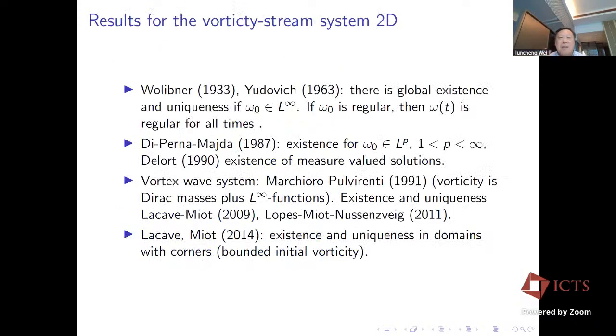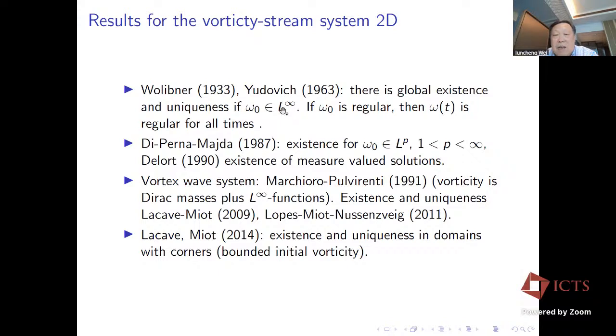There are very rich results for local well-posedness and global well-posedness. The best result for the 2D case is due to Yudovich, who showed that if omega 0 is in L infinity, then you get global existence and uniqueness. And if omega 0 is regular, of course, you stay regular for all time. This seems to be the best well-posedness result.